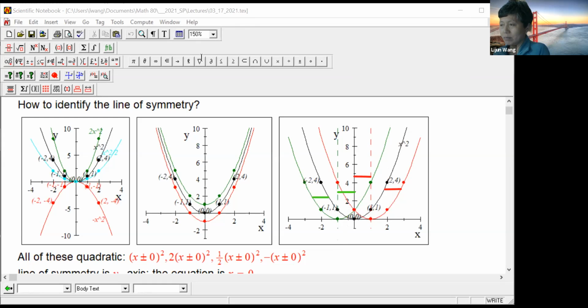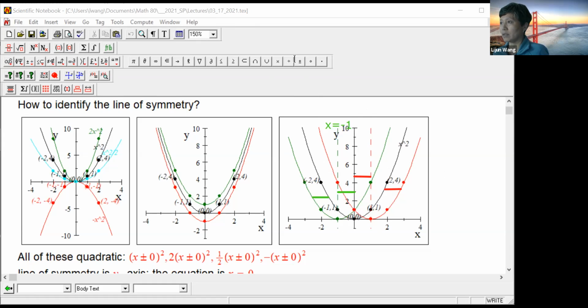The green line of symmetry: we shifted to the left by 1 unit, and the equation is x equals -1.